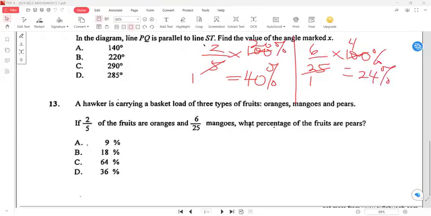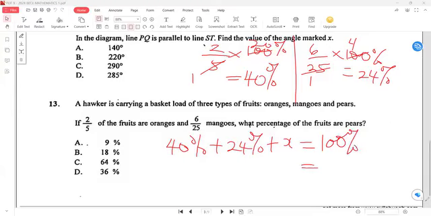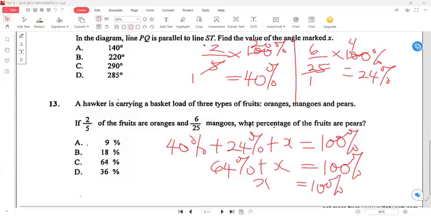So in that case, if the percentage that I pay is X, so we can look at 40% plus 24% plus the X, which stands for the percentage for pear, and that should be equal to 100%. So 64% plus X is 100%. So X is 100% minus 64%.